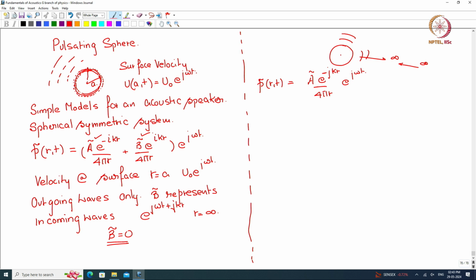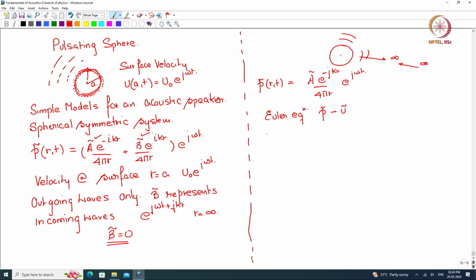Now we have to use the Euler equation, which is always our friend when it comes to relating pressure and velocity. Pressure, let me use V, velocity V, or let me use U tilde, pressure and velocity.